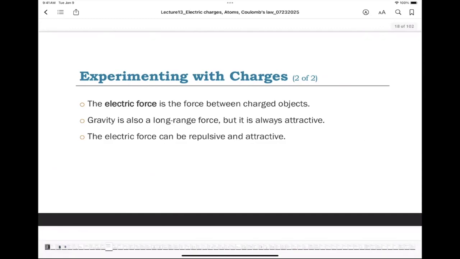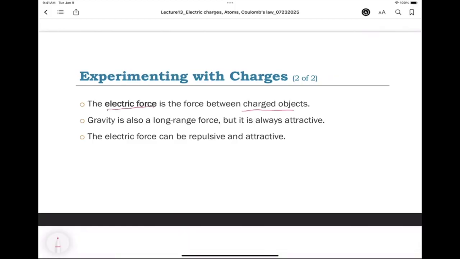Okay, let's see some of those experiments with charges. What is electric force? The electric force is a force between charged objects. Gravity is also a long-range force, but it is always attractive; two things always attract each other.